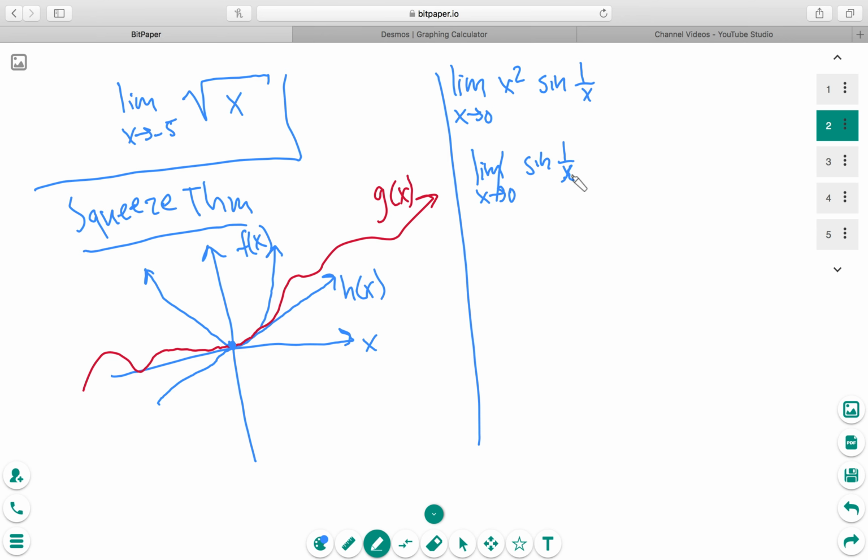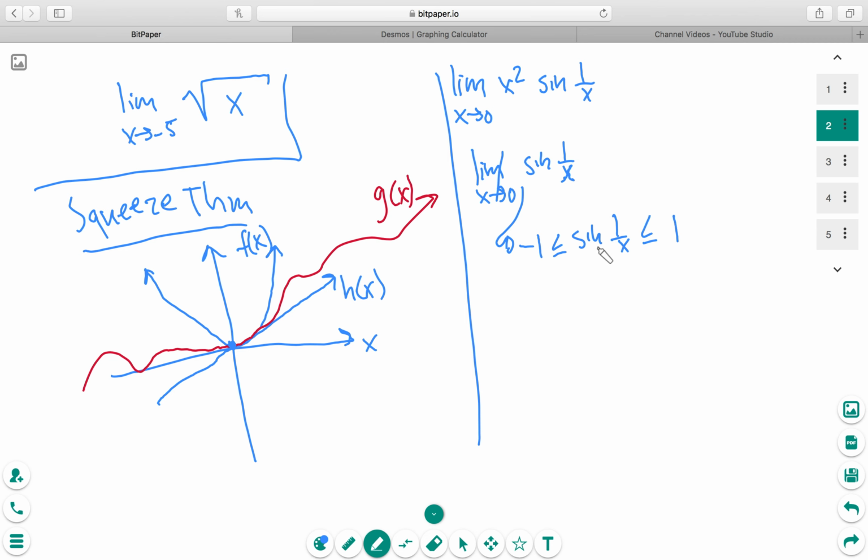If you know trigonometry, you would know that if you take the sine of any value, it doesn't matter if it's 1 over x squared, whatever, you name it, the sine always has to be between -1 and 1, right? So could we say, by sort of deduction, that -1 has to be at the left-hand point of sine of 1 over x, and that has to be less than or equal to the positive one, right?